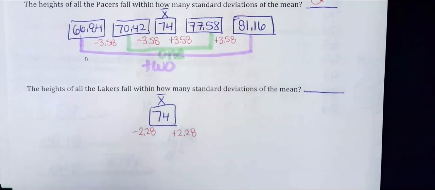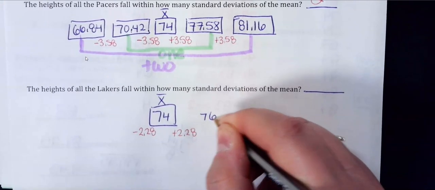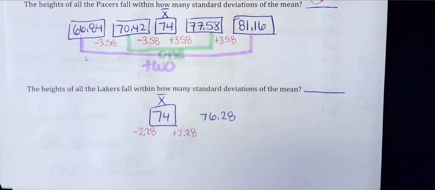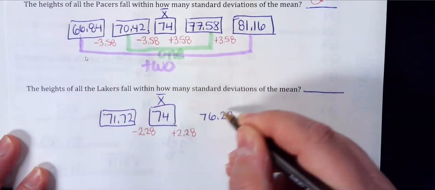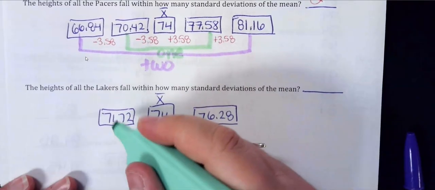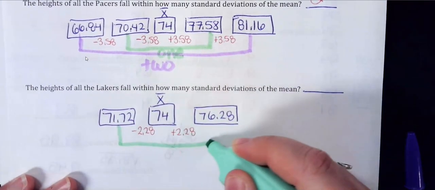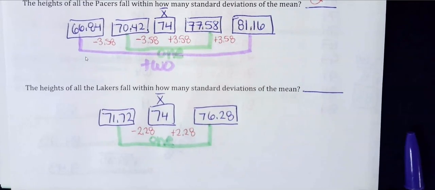On this end I'll have 76.28, and on the lower end 71.72. Anybody's height between those two numbers is within 1 standard deviation of the mean, and that's definitely not going to cover everybody. So I have to go out again.